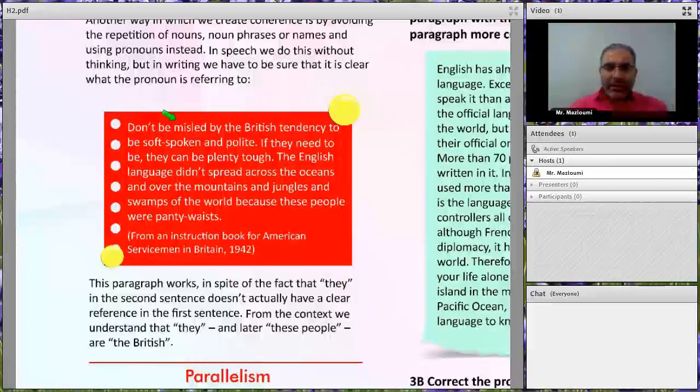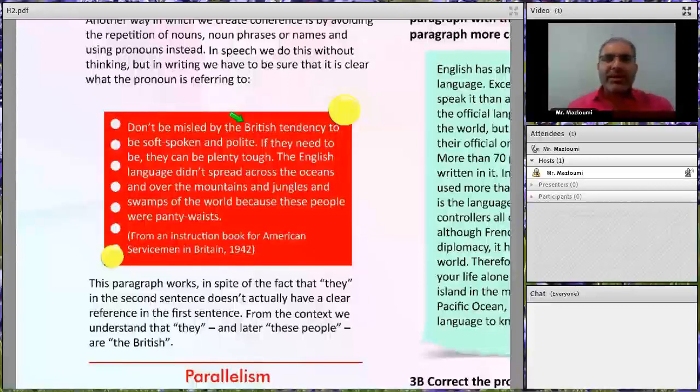So, vocabulary time. Misled is the past form of mislead. It means to deceive someone, to trick, to fool them. The British means the people of Britain. We have Britain, China, Japan. The Chinese means the people of China.